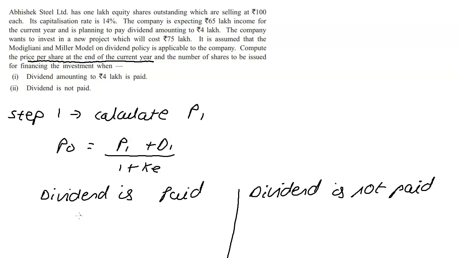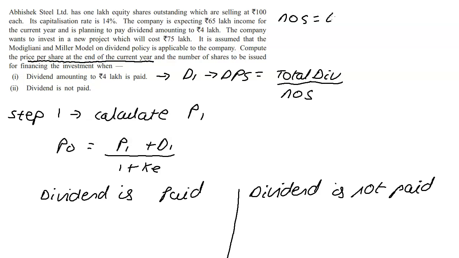In the case of dividend being paid, we need to calculate what is this D1. 4 lakhs is not good enough. You need to keep in mind that D1 is dividend per share, which is going to be equal to total dividend upon number of shares. And remember, the formula for number of shares is equal to equity share capital upon face value.